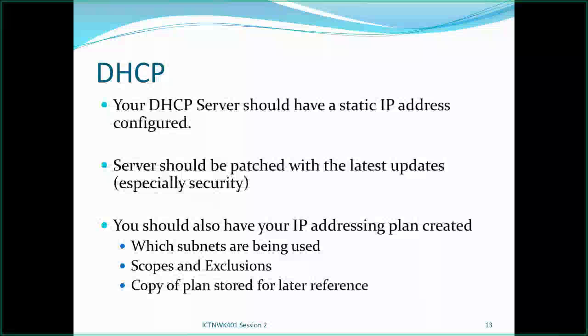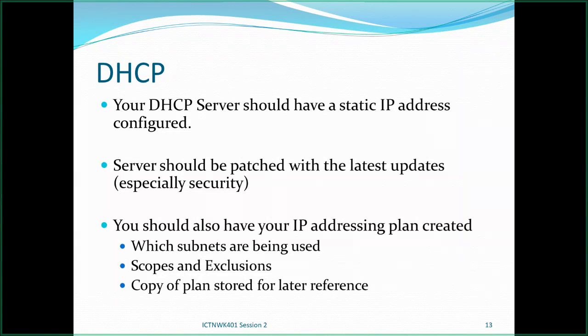You should have your IP addressing plan already designed. You need to know what your subnets are that you're setting up for these pools. Okay, when we set up a DHCP server, we're setting up pools of addressing that can be assigned out to different networks. So we need to know what the subnets are, what the subnet mask is, and in the scopes and exclusions, where basically is the range of IP addresses we're able to assign out.